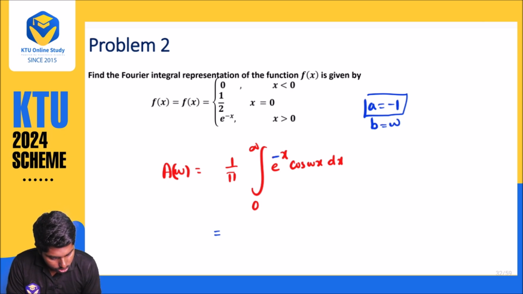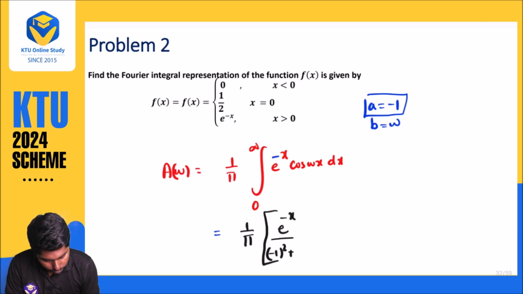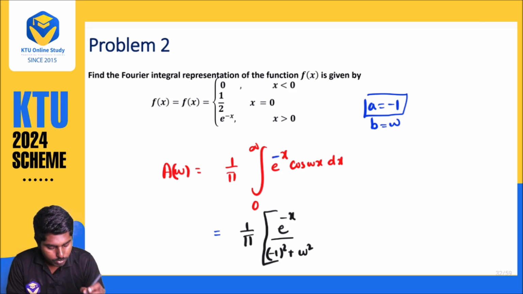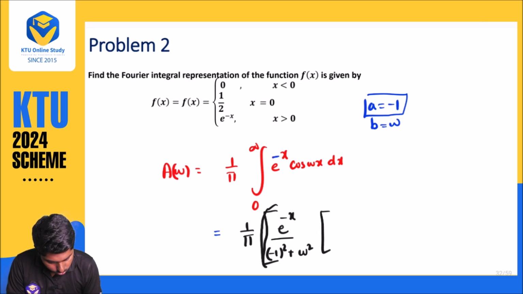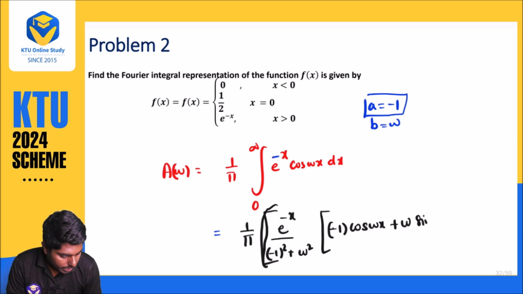So writing 1 by pi outside, e power of minus x divided by minus 1 the whole square plus omega square, that is a square plus b square, into a cos omega x, where a is minus 1, plus b sin omega x, where b is omega, dx.